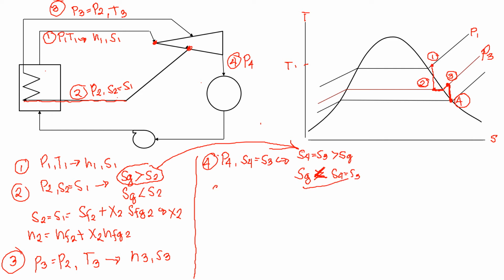But if your SG is greater than S4, which is equal to S3, then it is saturated. So if it is superheated, you have to interpolate. You have to plug in the SG value or the S4 value.